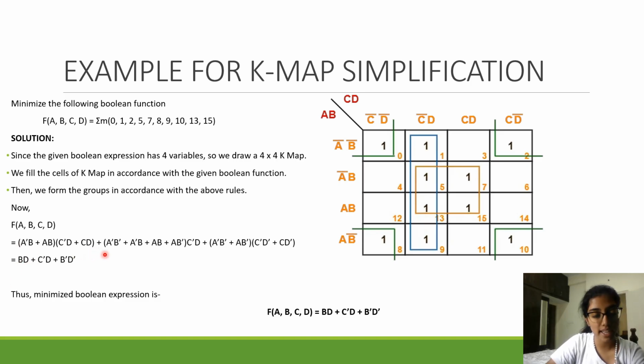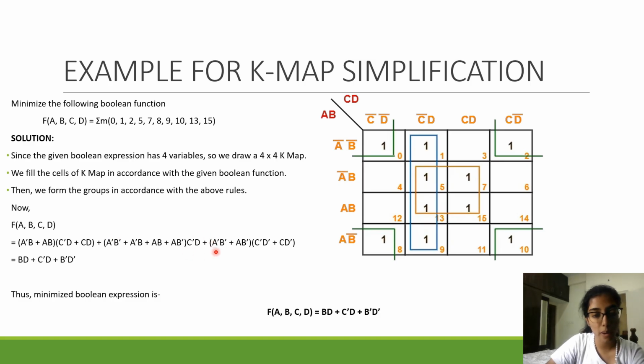Next one is (a complement b complement plus a complement b plus ab complement) into c complement d. Here a complement and a get cancelled, so the remaining is c complement d.